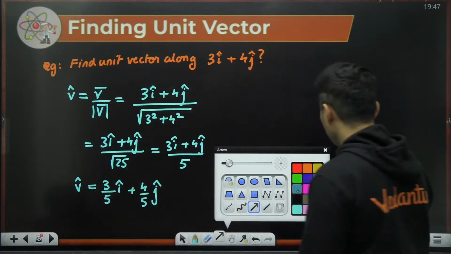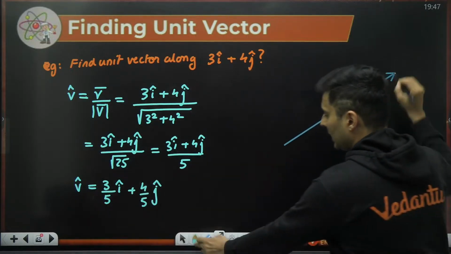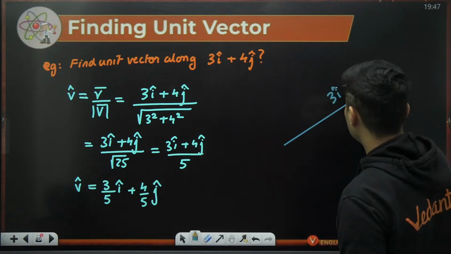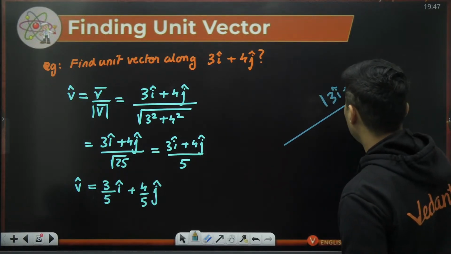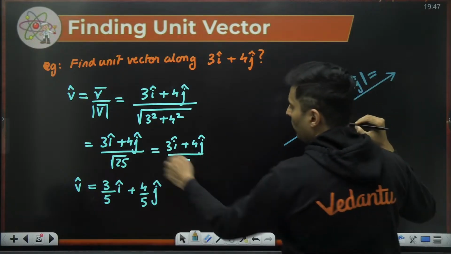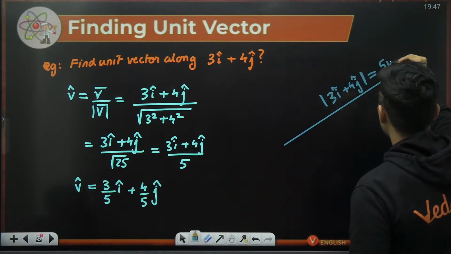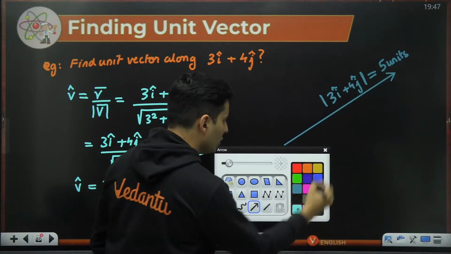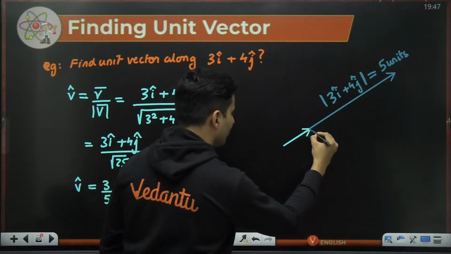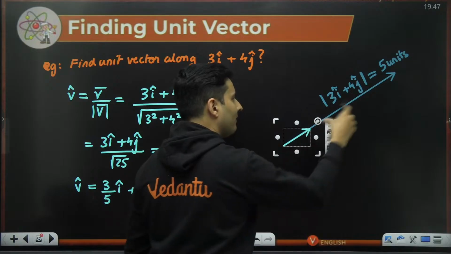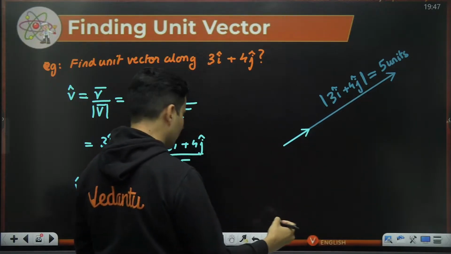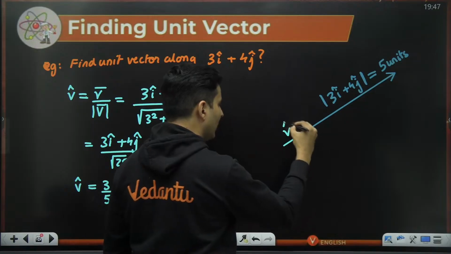Meaning, if I draw a vector like this, whose length is like this, 3 i cap plus 4 j cap. If you take the mod of it, we can see the mod of it was 5 units. So the unit vector is only this much. It's 1/5. If you take 5 such things, then you will get the total vector. So this is our unit vector.